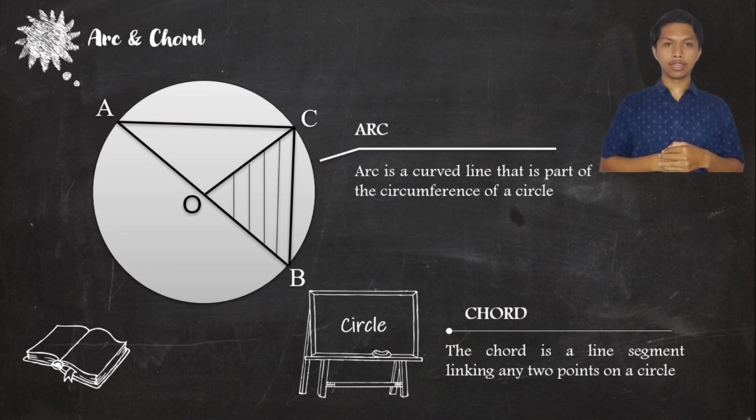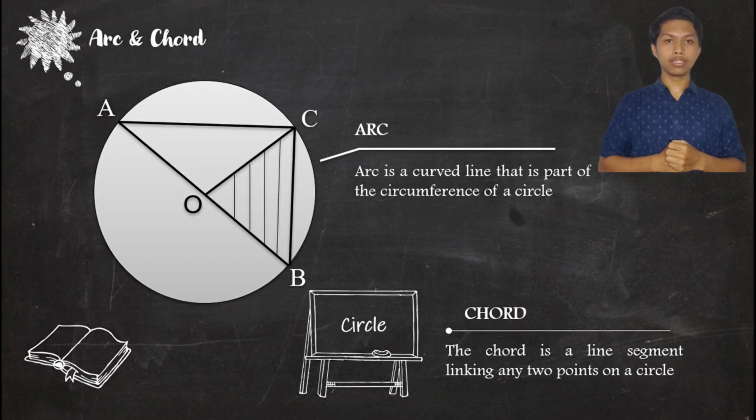Next, we turn to the chord. A chord is a line segment that connects two points on the circumference of a circle. The lines AC and BC are examples of chords. Note that the diameter AB is also the longest chord of a circle that passes through the center point of the circle.